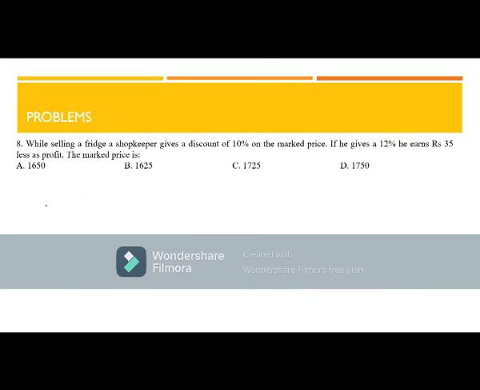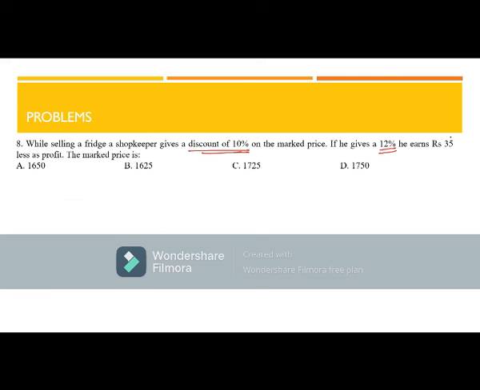Coming to the next one, question number 8. While selling a fridge, a shopkeeper gives a discount of 10% on the marked price. If he gives 12%, he earns 35 rupees less. Now here we see the discount is 10% on the marked price and another discount is 12%.